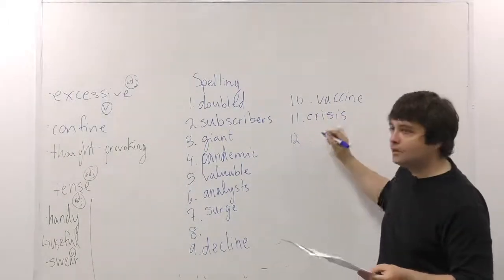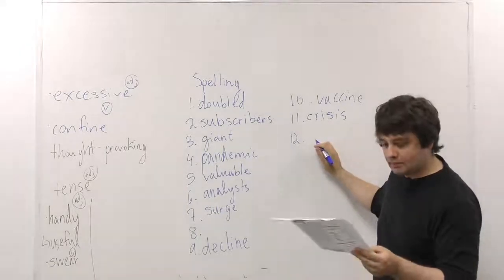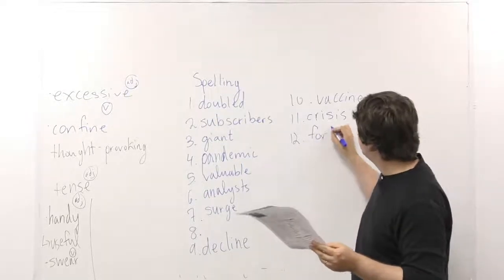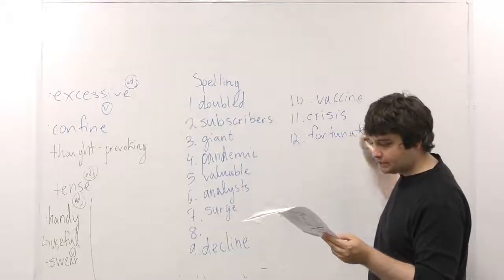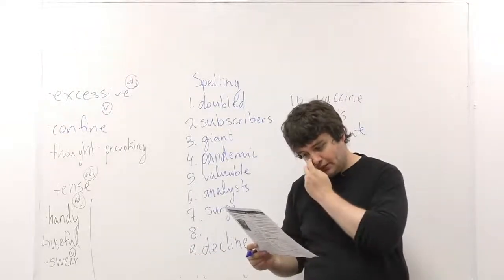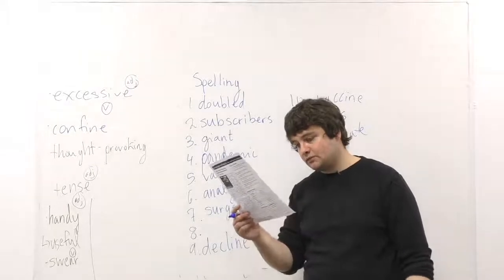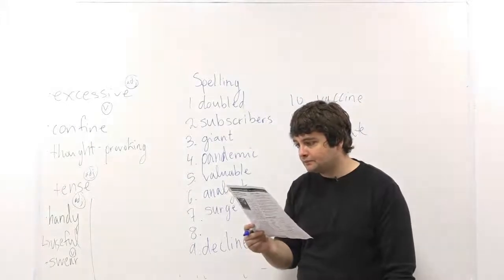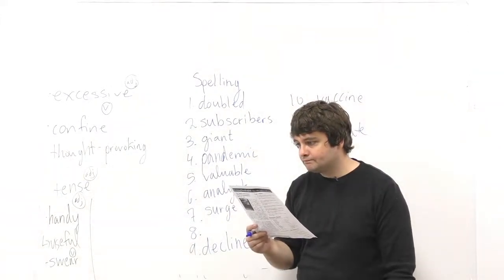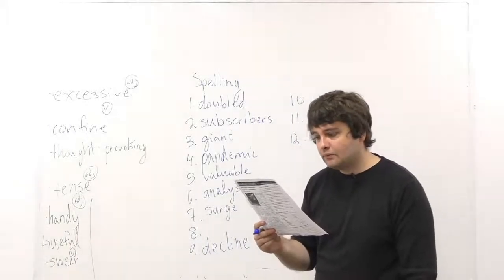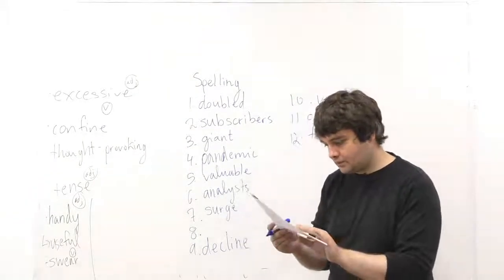And lastly, number 12, we are something. We are fortunate. Okay, guys, so we got all of them except for number 8. That one is still just confusing the hell out of me. Why is this so confusing? I'm taking a look quickly through our list of vocab and trying to find a word that would be similar.